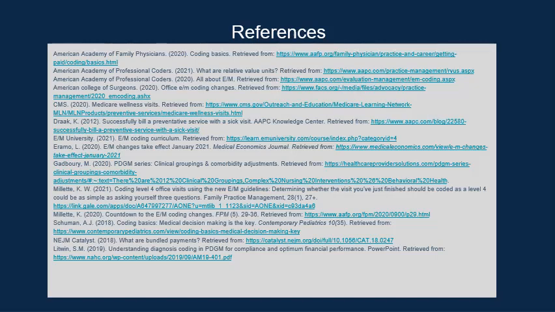So I encourage you, if any of these topics interest you, or you know of a deficit that you have or want to learn more about, please visit these sites as there is a lot to learn about documentation, billing, and coding.